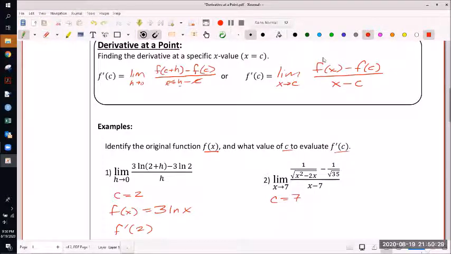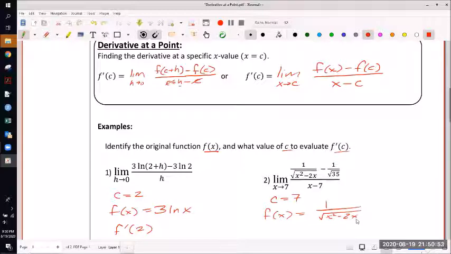Now in this case, we can read the f of x right off. It would be this first part right here. So f of x is equal to 1 over the square root of x squared minus 2x. Now we can check that because we should have here f of c. So if we were to plug in 7 for x, we would get 49 minus 2 times 7, which is 14.